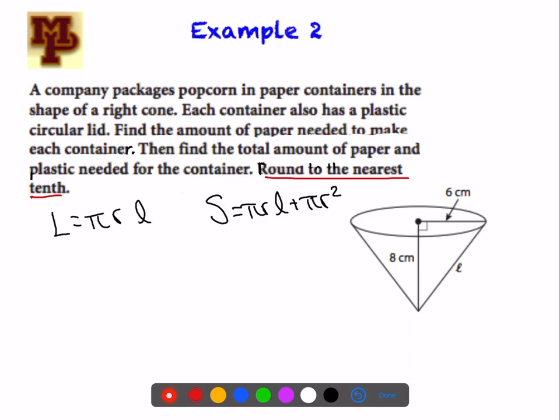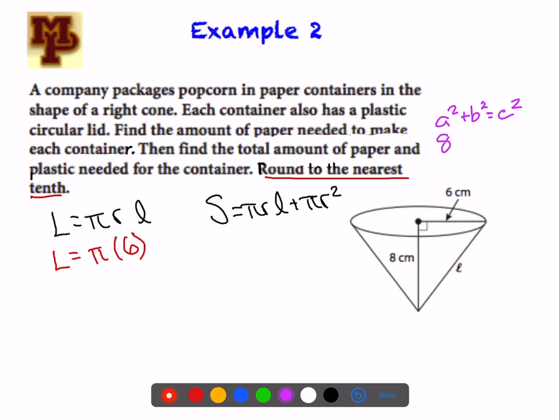All right, so our lateral area is equal to pi times our radius 6 times our slant height L. Well, I don't know what L is quite yet. So it still is making a right triangle here, so we should be able to use the Pythagorean theorem, a squared plus b squared equals c squared, to find out what L is.